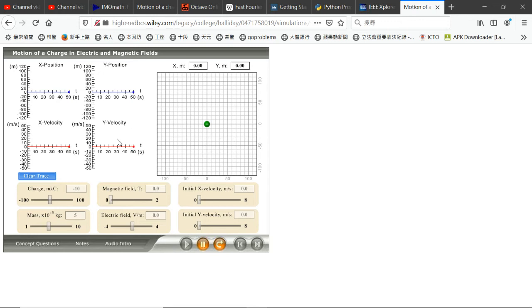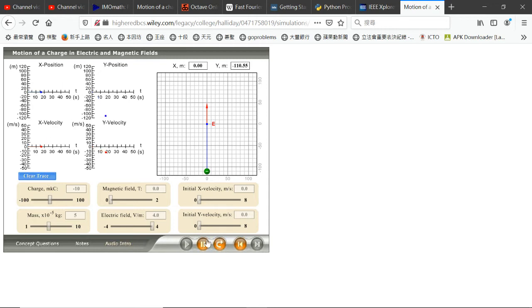I suppose it should be good now. So I let all the magnetic and electric fields be 0, so that it doesn't move anymore. Let me increase the E to 4 volts per meter. So it will move down because this is a negative charge and E is pointing to the positive side.